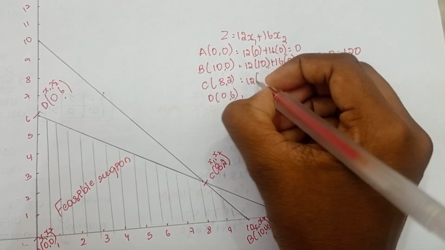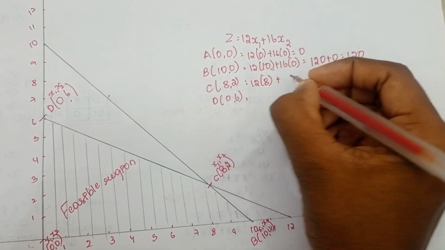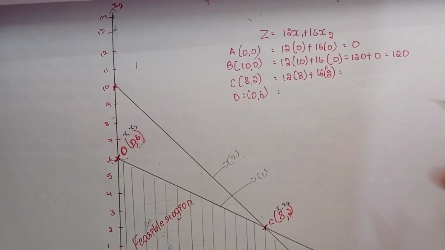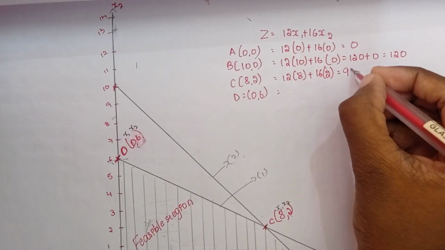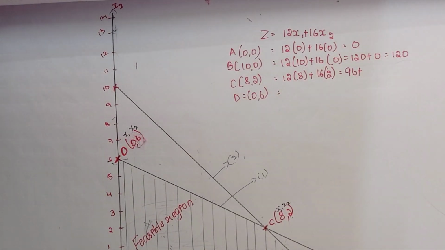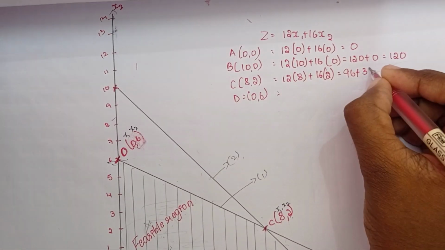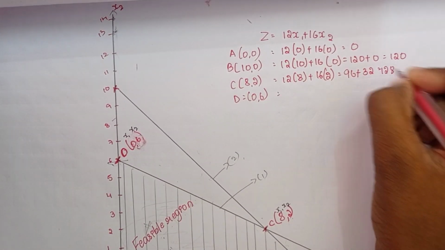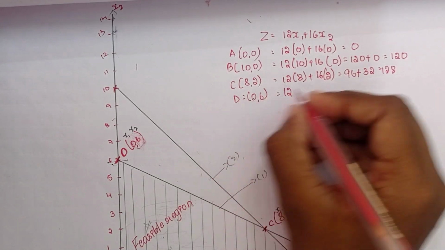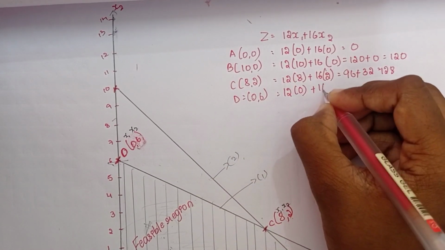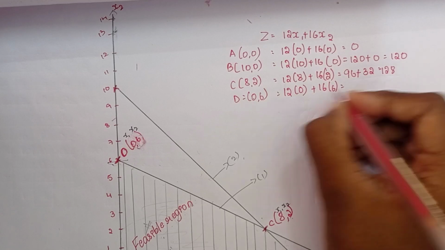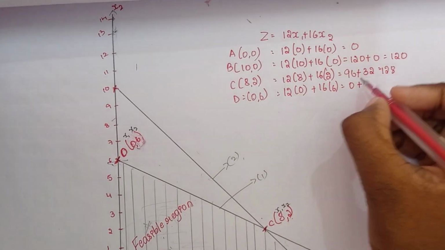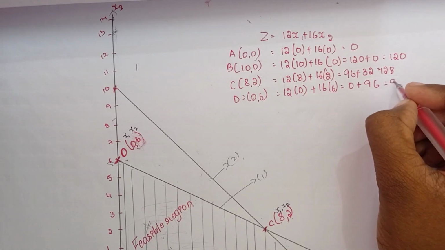And 12 into 8 plus 16 into 2: 12 8s are 96 plus 16 2s are 32, which equals 128. Next, 12 into 0 plus 16 into 6: 12 zeros are 0 plus 16 6s are 96, so 0 plus 96 equals 96.